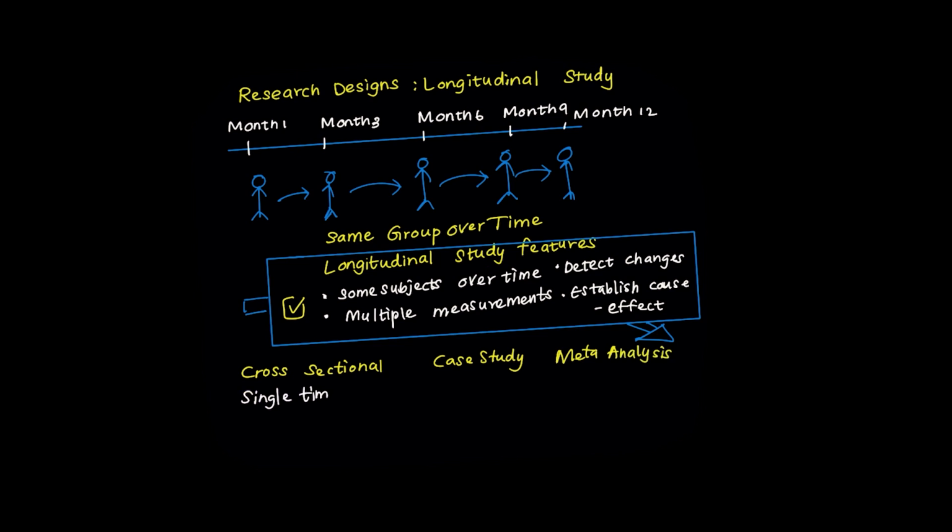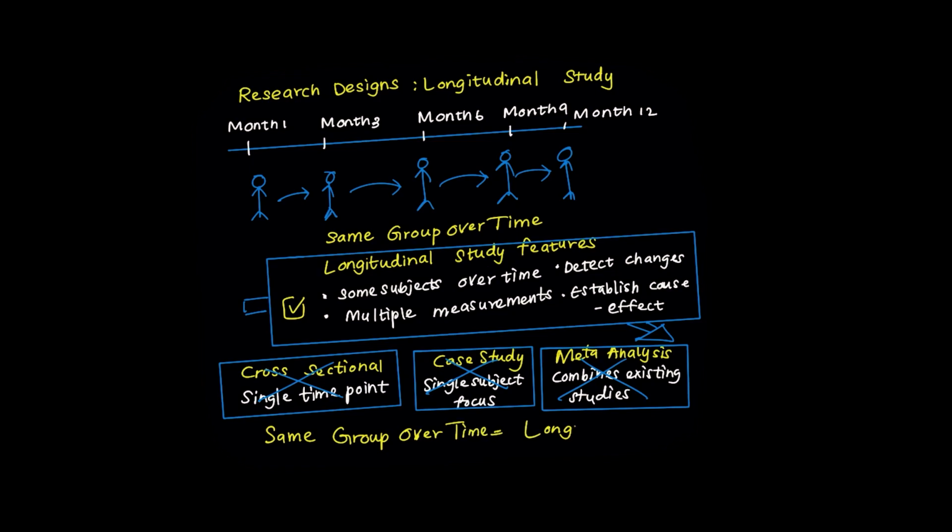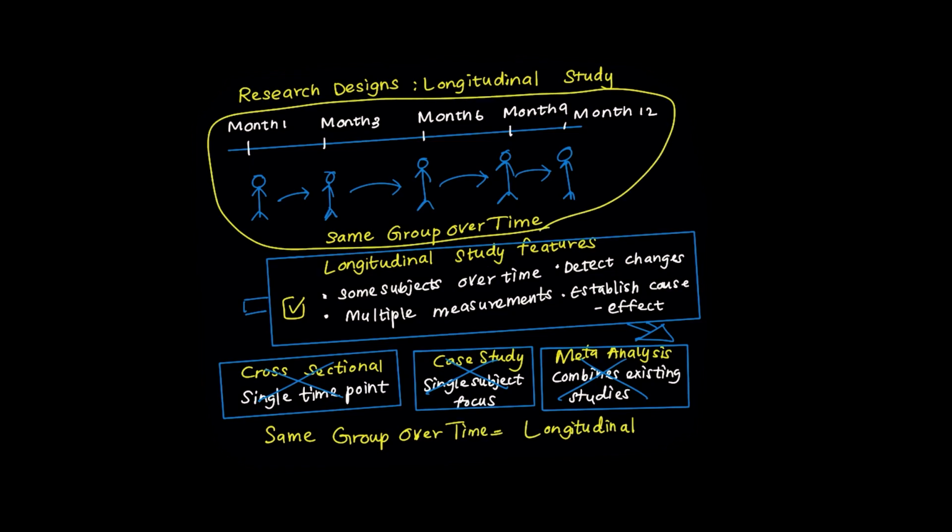Case studies provide deep investigation of either a single subject or unit, not tracking the same group over extended periods. Meta-analysis combines results from multiple existing completed studies rather than collecting new data from subjects over time. Longitudinal designs are essential when you need to understand change, development, and temporal relationships.